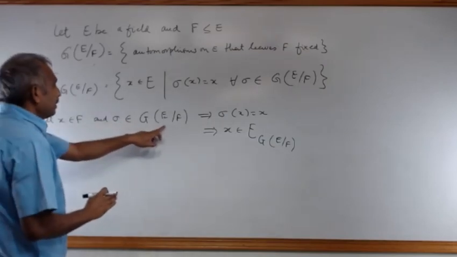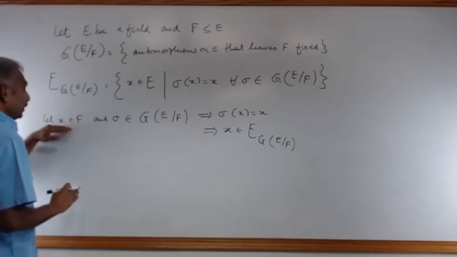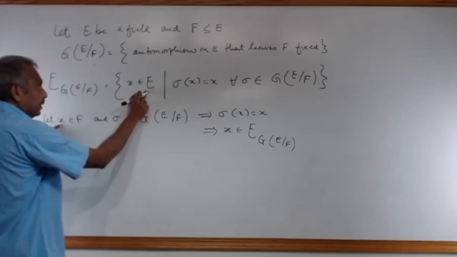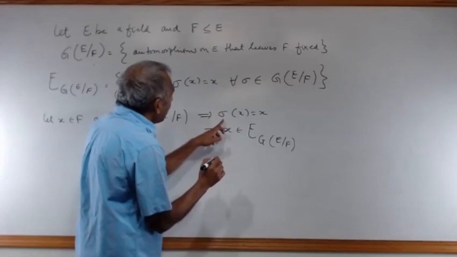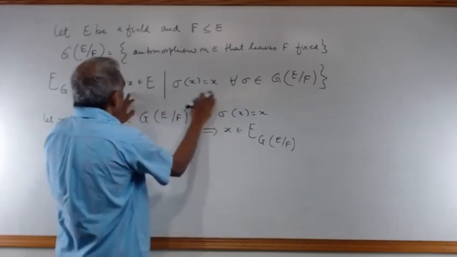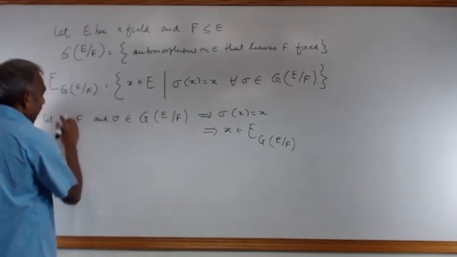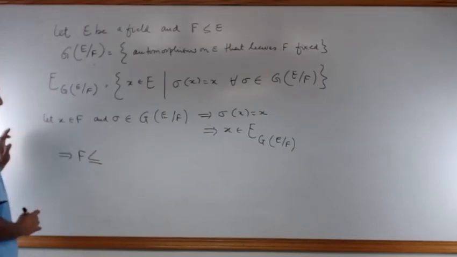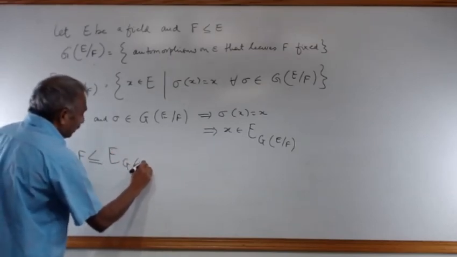If x is in F, it is already in E. So x belongs to E and sigma of x equal to x. This condition is satisfied, that means x belongs here. So that implies F is a subfield of the fixed field of G of E over F.